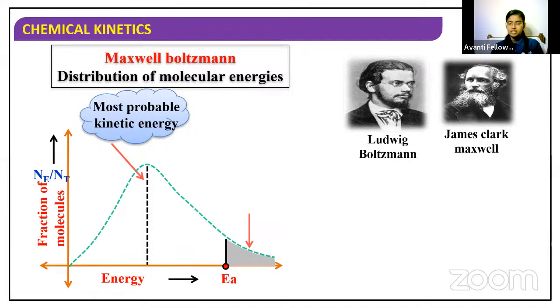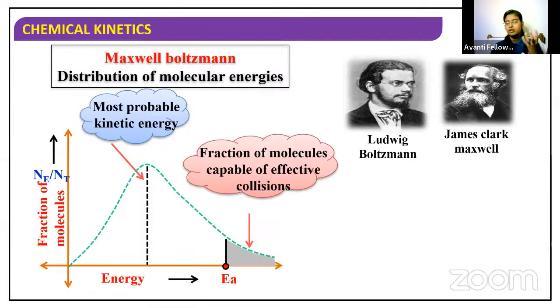In this area, some fraction of molecules have the capability for collision. A fraction of molecules will be present there which are capable of effective collision, because once the molecules get activated, they will collide with each other. So in that area, some of the molecules are colliding with each other.